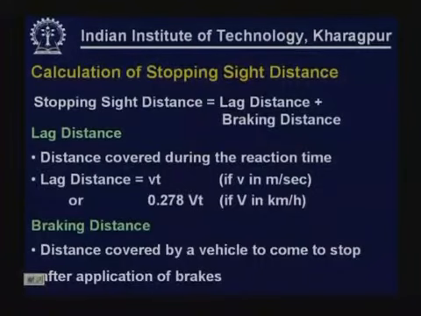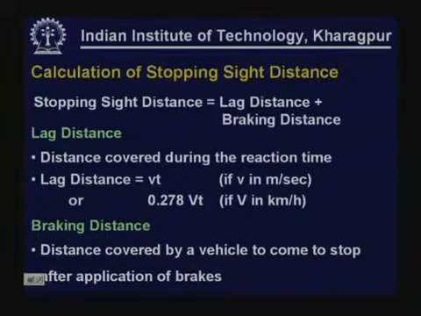The vehicle travels at its original speed during the perception reaction time, which is known as lag distance, and then once brakes are applied effectively, the vehicle will again travel some distance before it stops. That distance is known as braking distance. So, stopping sight distance is equal to lag distance plus braking distance.